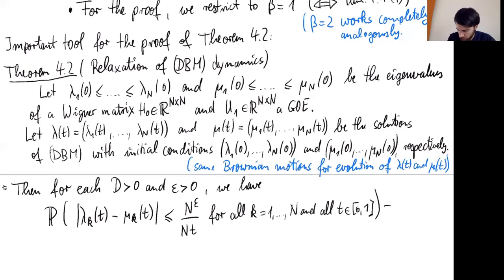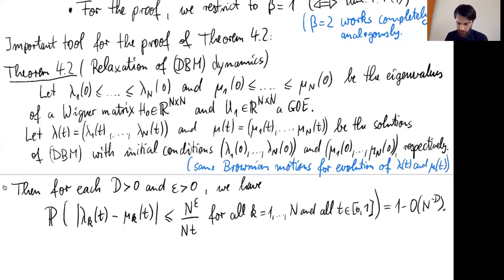This probability is 1 minus order n to the minus d. So that's in some sense some stochastic domination, some boundedness of the supremum of the difference of the lambda k minus the mu k for all t between 0 and 1 and for all k.